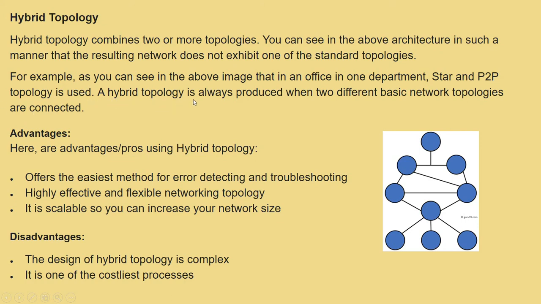A hybrid topology is always produced when two different basic network topologies are connected to each other. Now, advantages are: it offers the easiest method for error detecting and troubleshooting. It is a highly effective and flexible network topology. It is scalable, so you can increase your network size also.